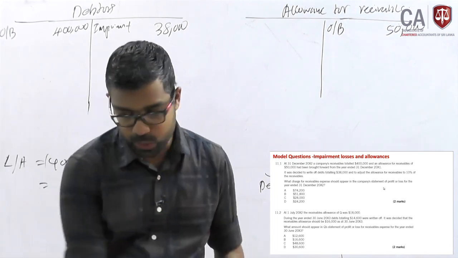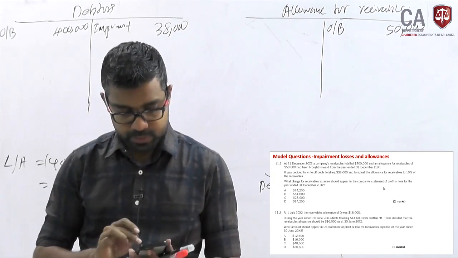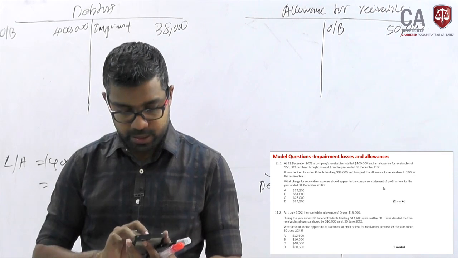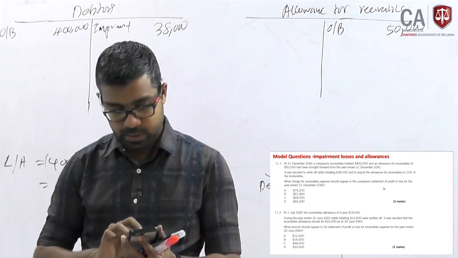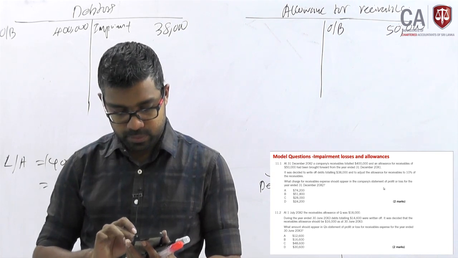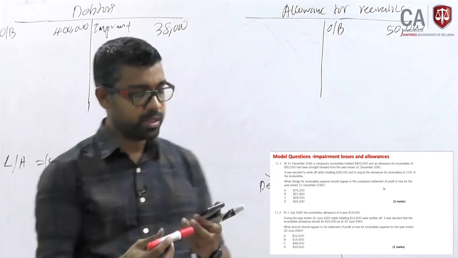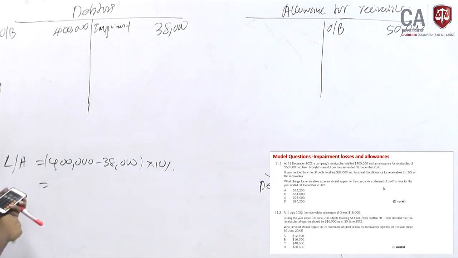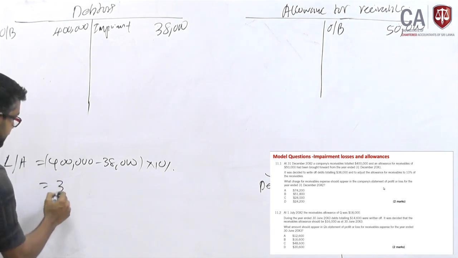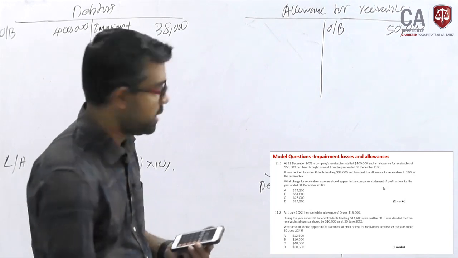You have to calculate it. 10% of it now, how much? 400,000 minus 38,000 into 10%. 36,200. So 200 is the loss amount.